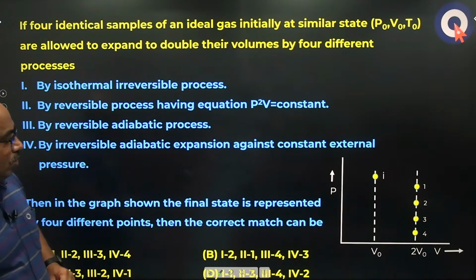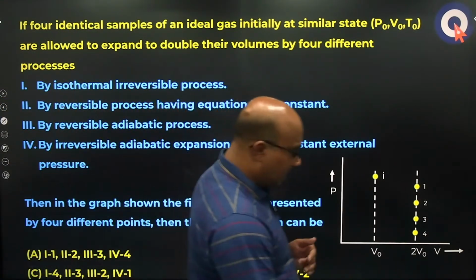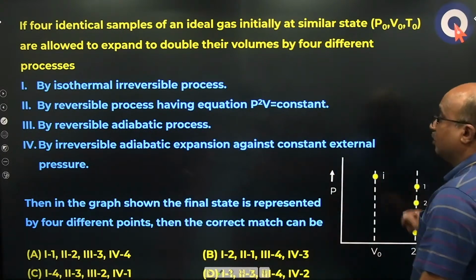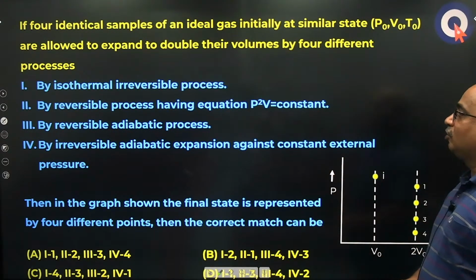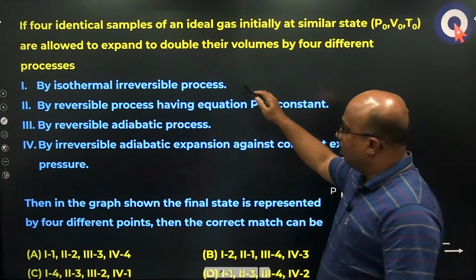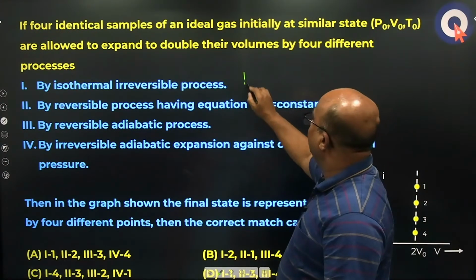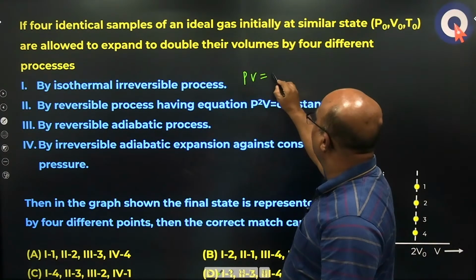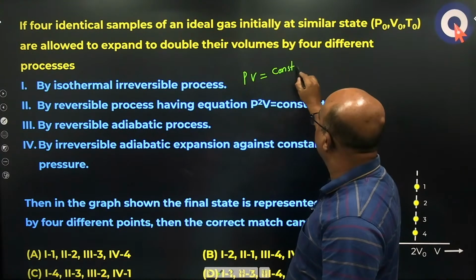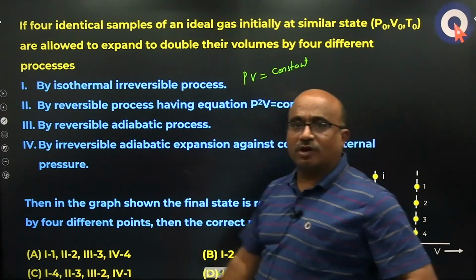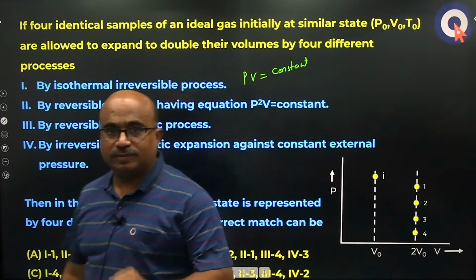So let us see, for each graph, what we write here. For an isothermal irreversible or isothermal any process, PV should be equal to a constant. So PV is constant for an isothermal process.